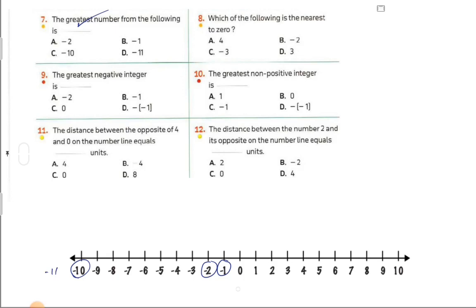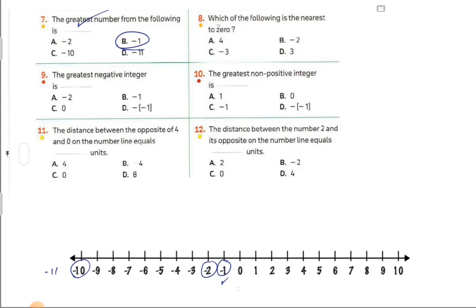Which one is the greatest? The one to the right. We have negative 1, so negative 1 is the greatest number from these choices.